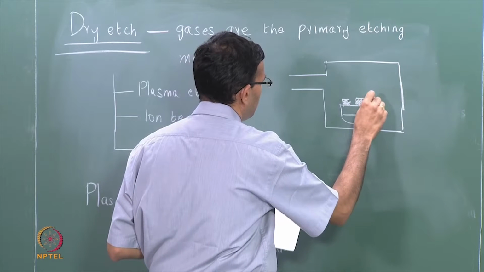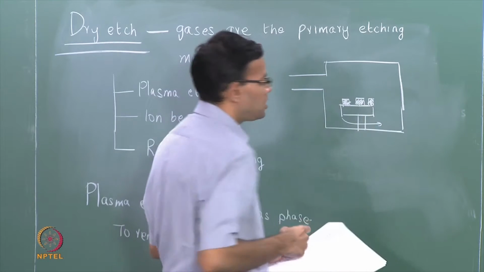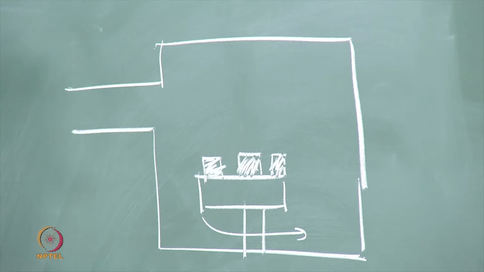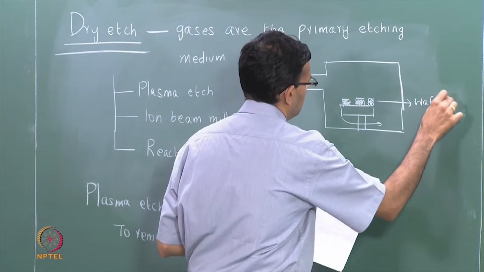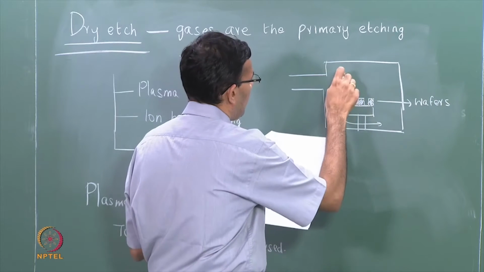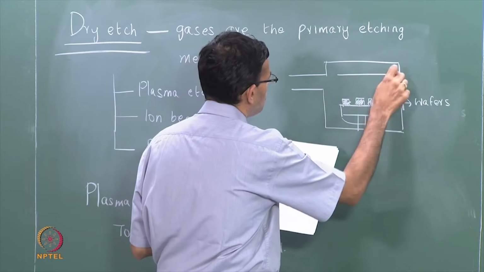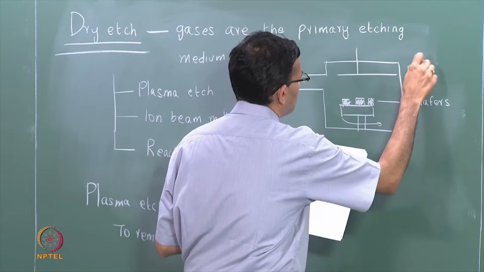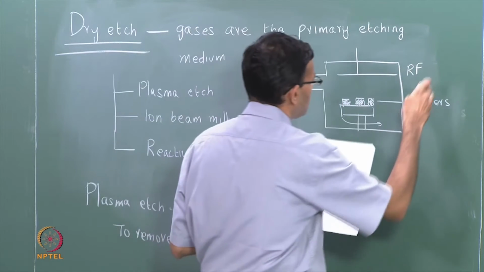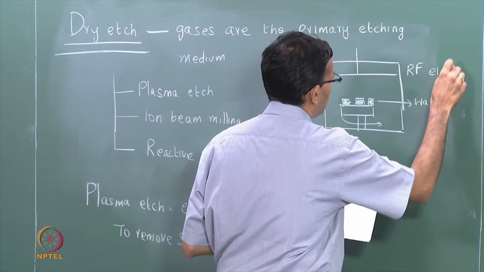Usually multiple wafers can be etched at the same time. So these are your wafers. An electrode is brought close to the surface of the wafers. It's connected to a radio frequency source. So this is your RF electrode.